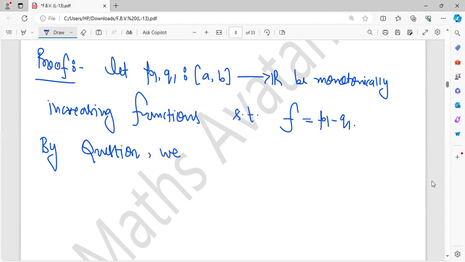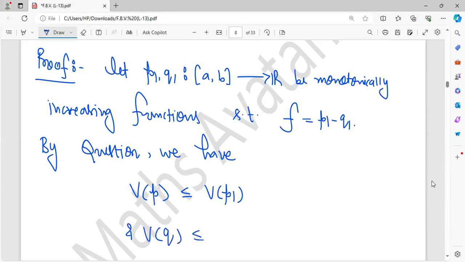By that question, we have VP is less than or equal to VP1 and, okay, and VQ is less than VQ1. Okay.